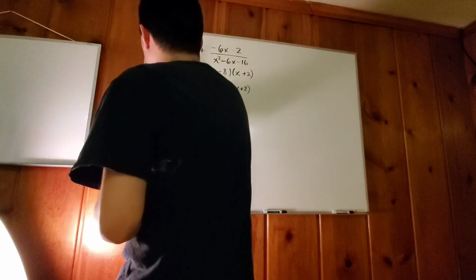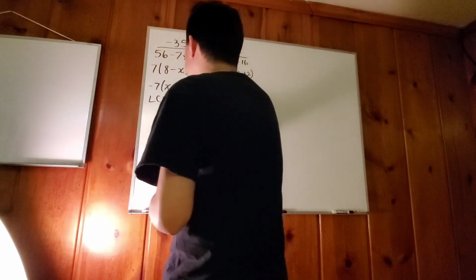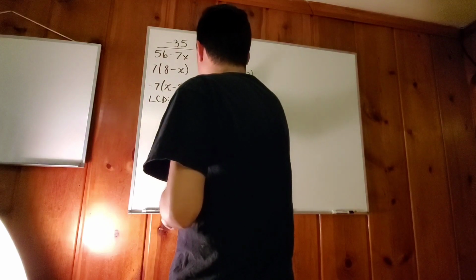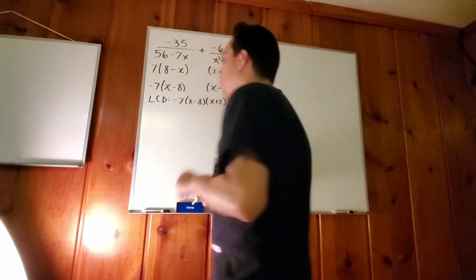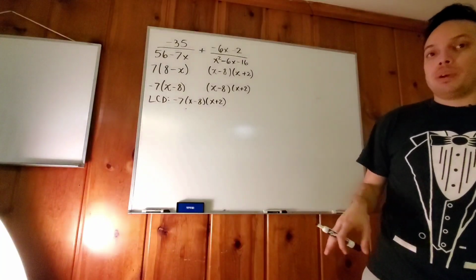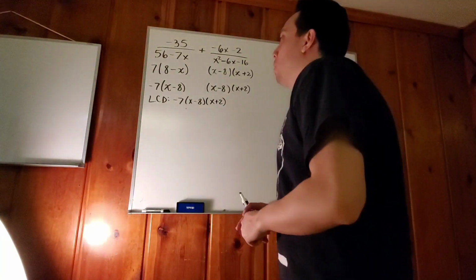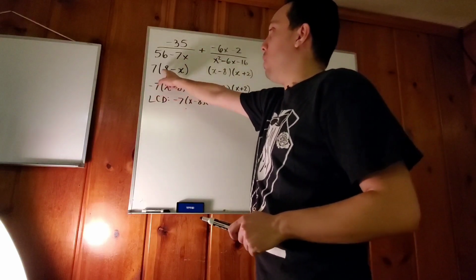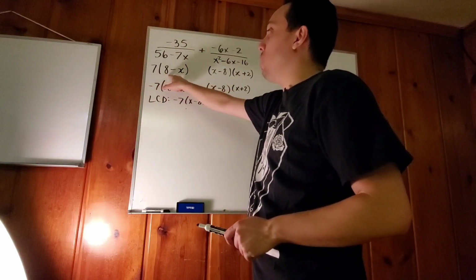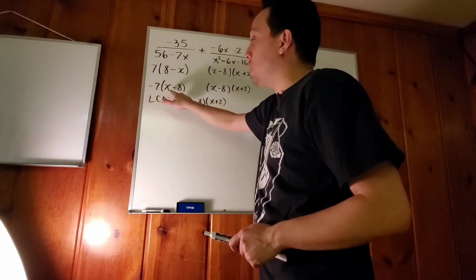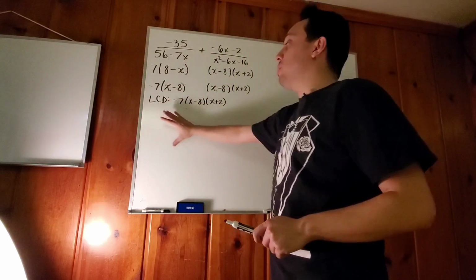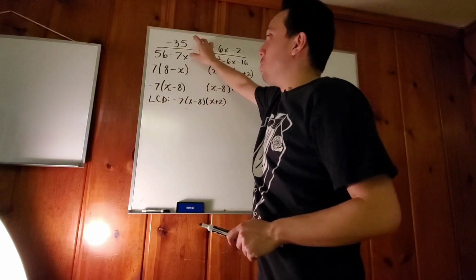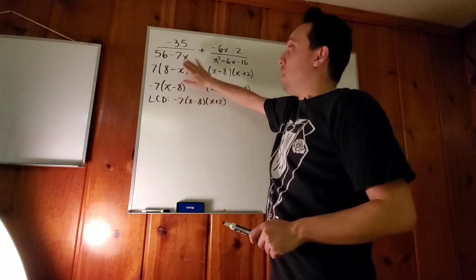So my least common denominator becomes negative 7, x minus 8, x plus 2. This is really important because of what we did right here. So now that we understand that 7 times 8 minus x is the same thing as negative 7 times x minus 8, we have to multiply this rational term by something to get this denominator in here.